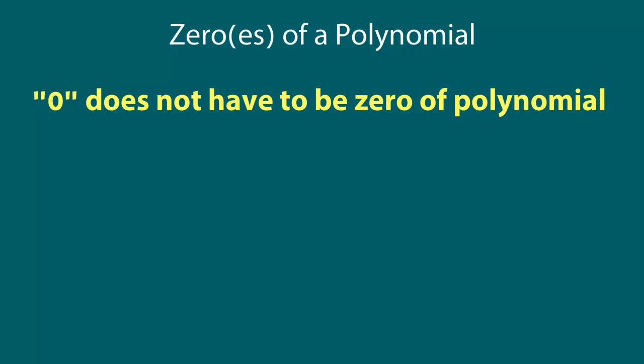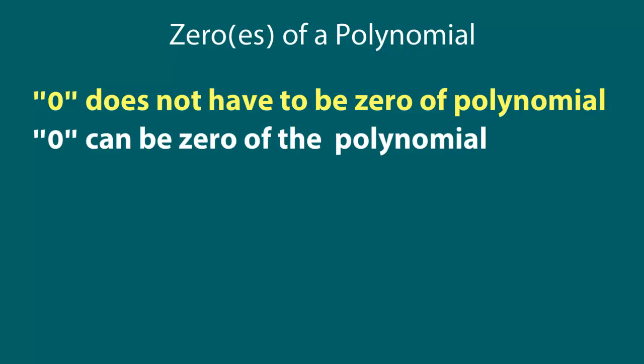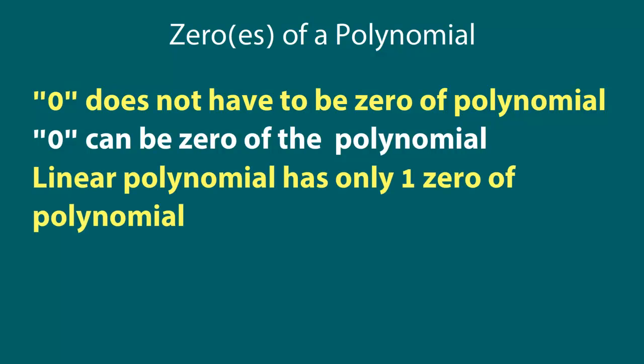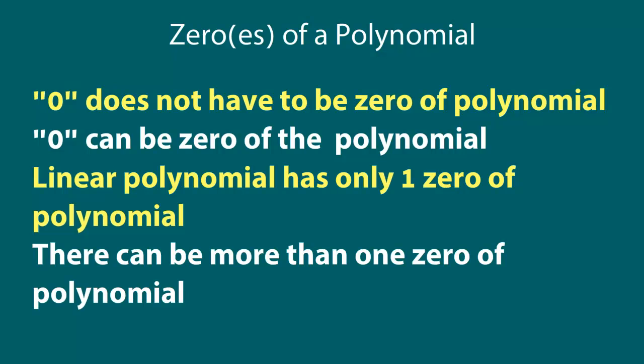First, 0 does not have to be a zero of a polynomial. Second, 0 can be a zero of a polynomial, which we saw in the first two examples. Now, a linear polynomial always has only one zero. And finally, there can be more than one zero of a polynomial. In our last example, we did see there were two zeros of the polynomial.